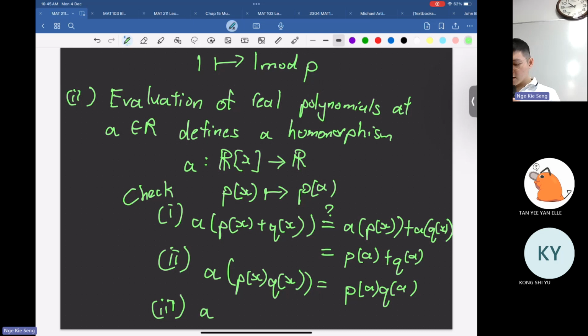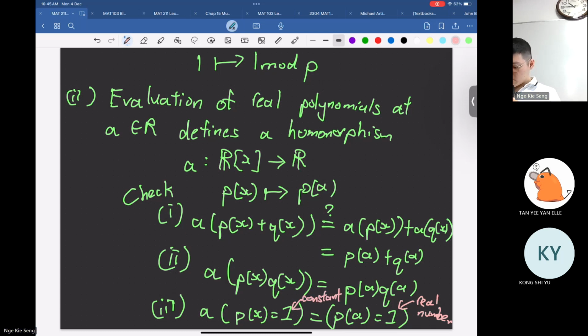You need to check that evaluating the constant one polynomial at a is equal to 1. So there are two different things here: one is a real number, the other one is a constant one polynomial. Okay or not?